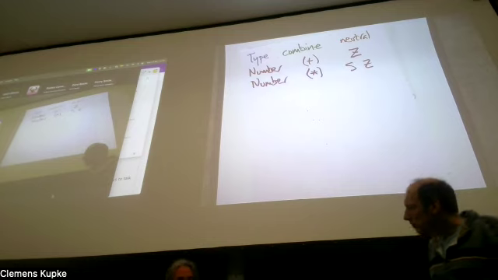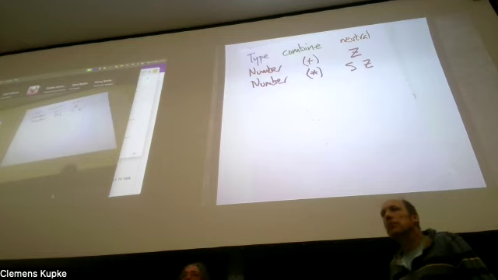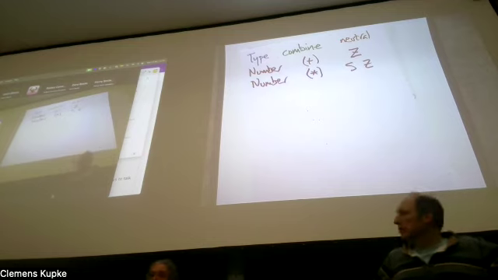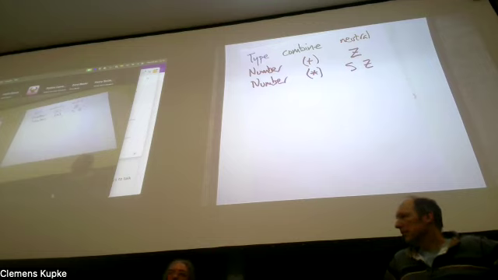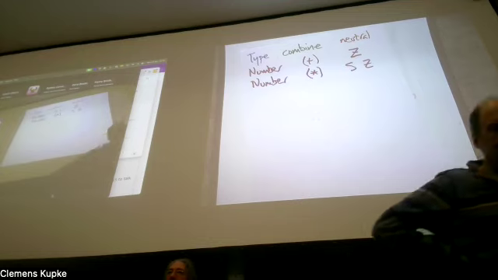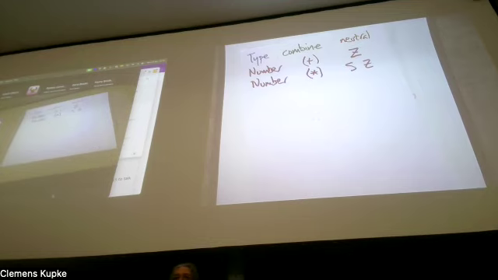Okay. Do we know any more monoids on numbers? We've seen at least one more. Yeah.